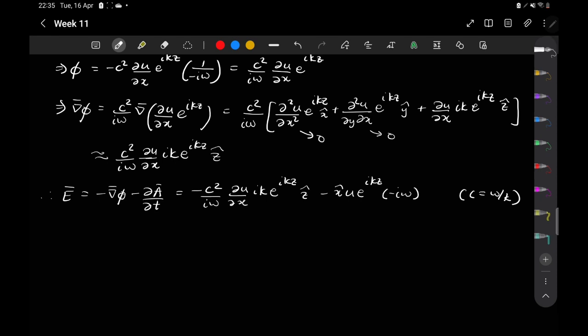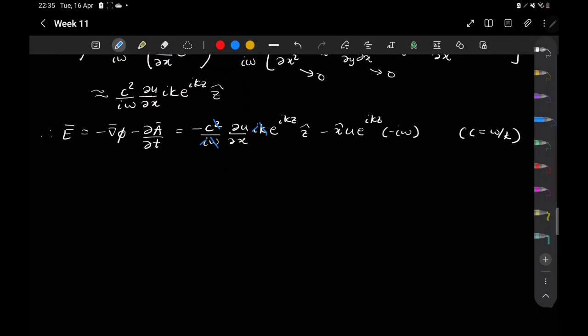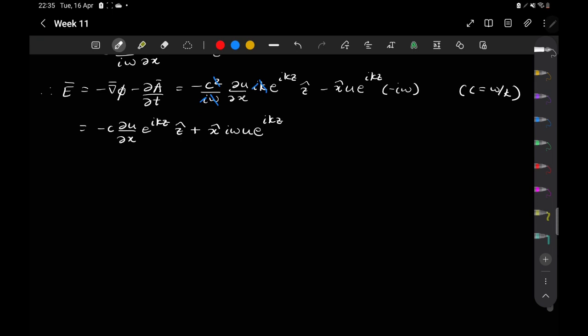So as a result, some terms will cancel. This i cancels with this. k by omega cancels with 1 over c. Now let us find out the Poynting vector.